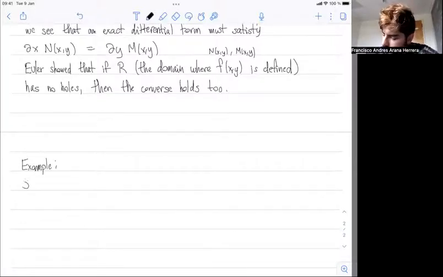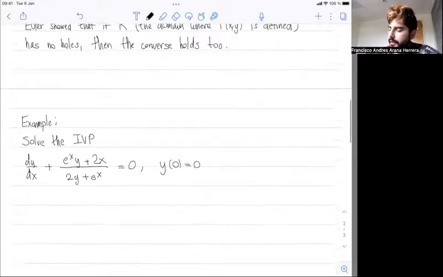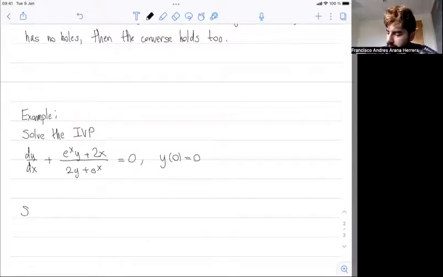Solve the initial value problem given by dy over dx plus (e^x y plus 2x) over (2y plus e^x) is equal to 0, and y(0) is 0. Let me write the solution here.